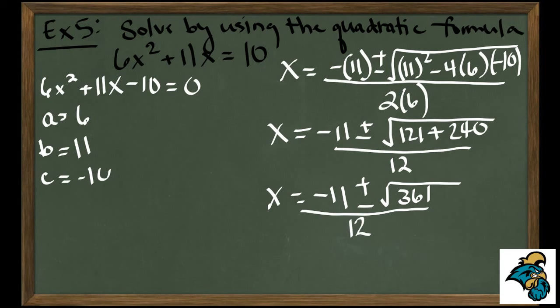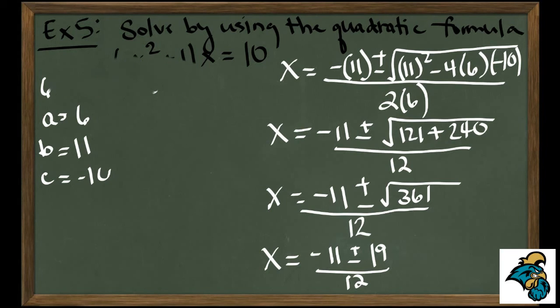All of that divided by 12. Well, if you check the square root of 361 in your calculator, you're going to see that that is equal to 19. So x is equal to negative 11 plus or minus 19 divided by 12.